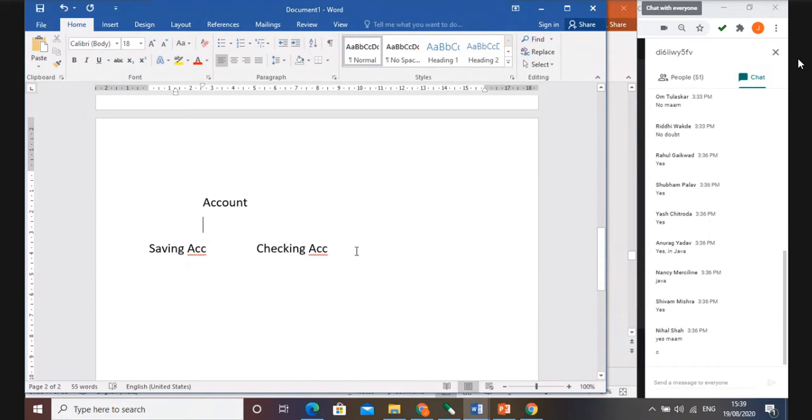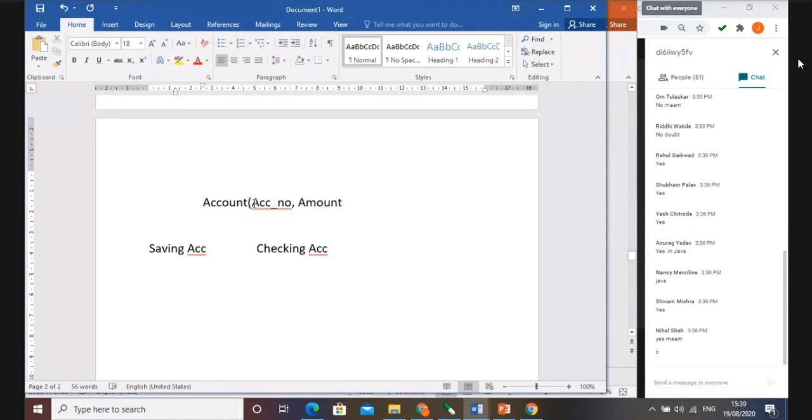Correct, agreed, done. But on what basis are you saying those two are different from each other? I have attributes for this. Instead of a diagram, I can write account number, then amount.